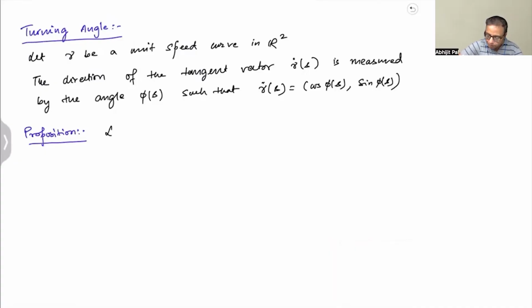So let gamma be a curve defined on the open interval AB into R2, and gamma is a unit speed curve. So let gamma be a unit speed curve in R2.